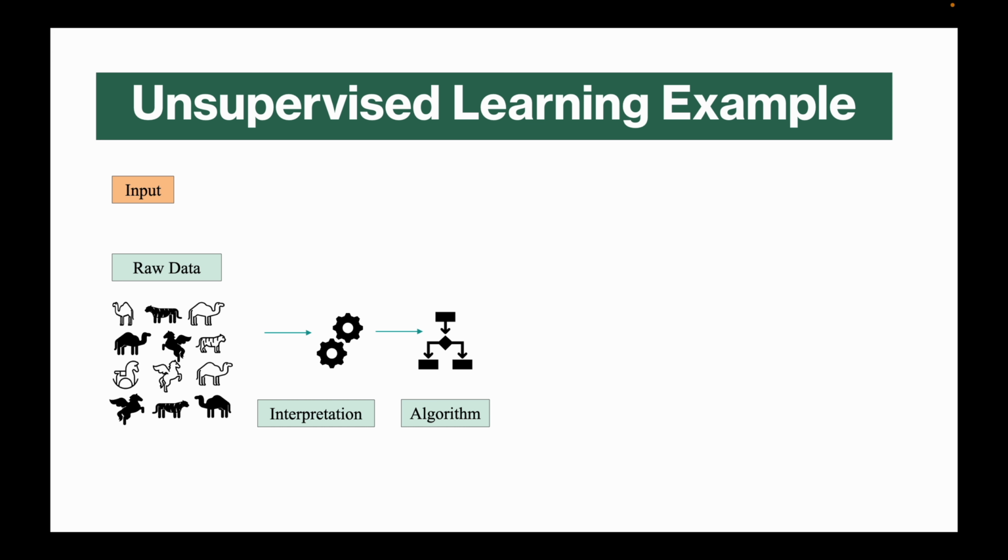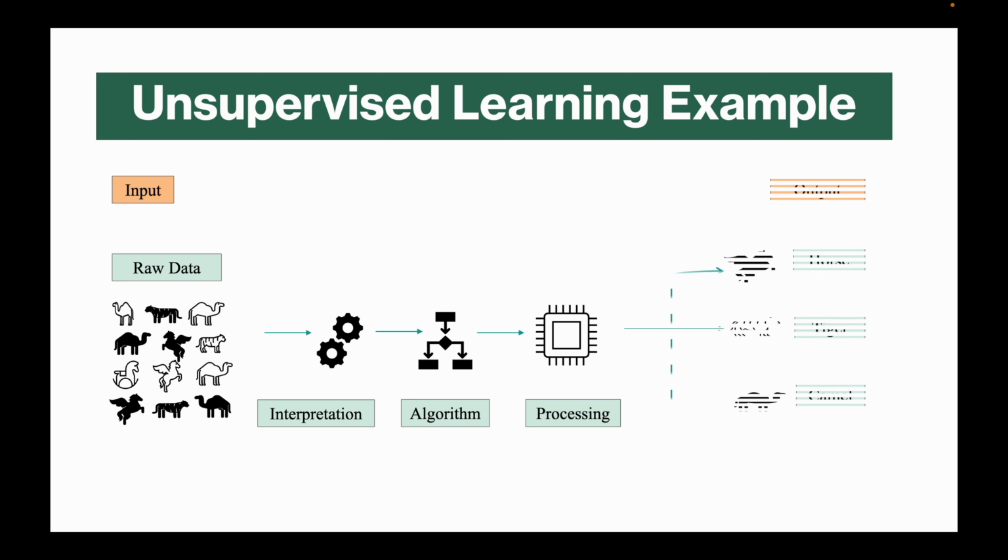Then the algorithm chooses unsupervised learning methods such as clustering, anomaly detection, or others in order to find the patterns in the data. After that, the processing happens, where the algorithm is applied on the data and the machine finds which one is tiger, camel, or horse. Then, finally, as a result, we get our expected output.